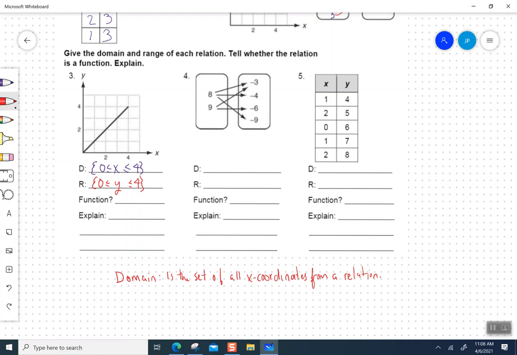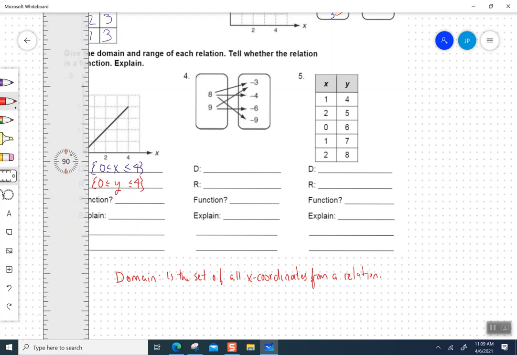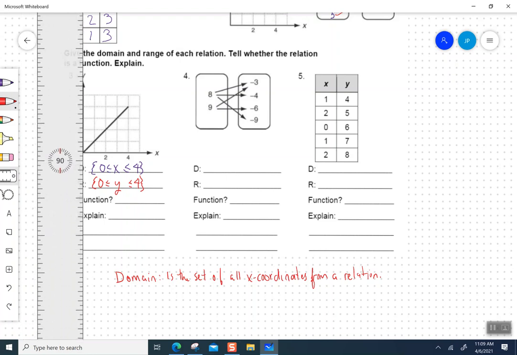Okay, is this a function? For the vertical line test, I'm going to go ahead and get a straight edge. So I have a little ruler right here I could pick. And here's how the vertical line test works. All I have to do is run this ruler from left to right and look at the black line, which is called the graph.